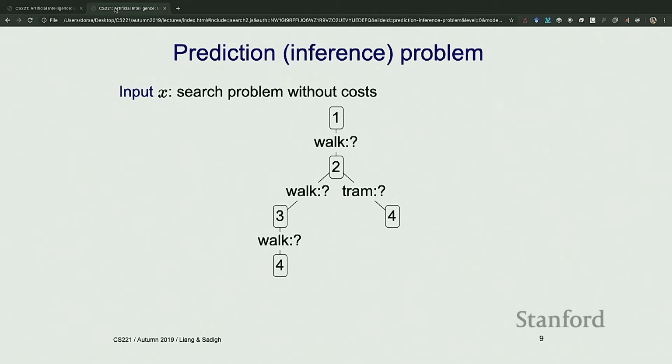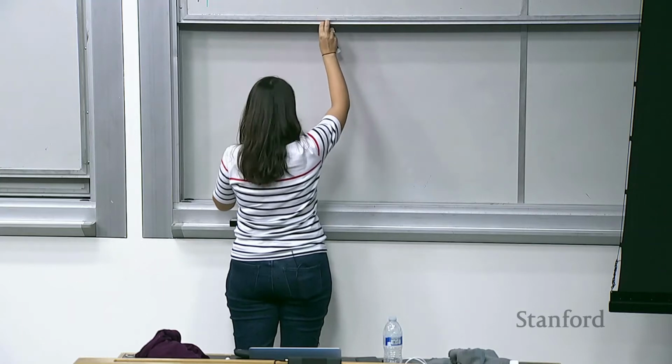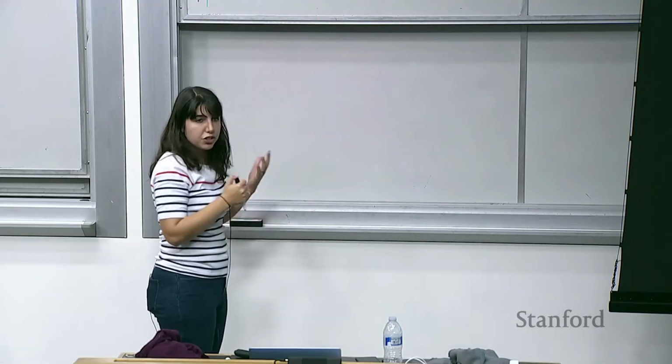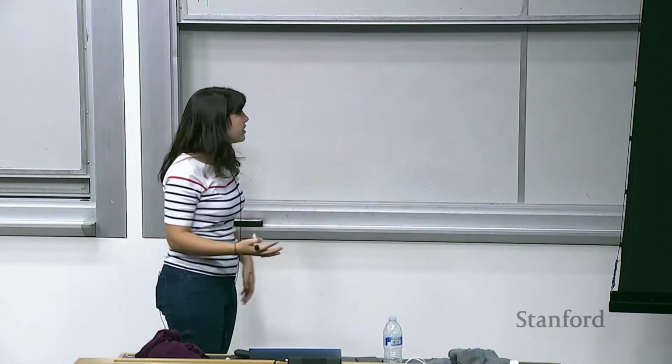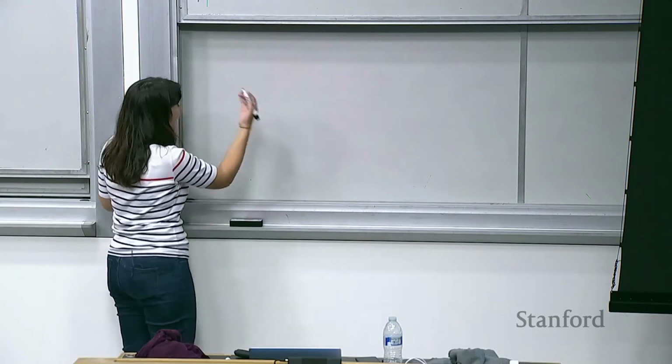So I'm going to go over one example to talk about learning. And I'm actually going to use the notation of the machine learning lectures that we had at the beginning of last week, basically. So let's say that we have, maybe I can draw this. Yeah, I'll just draw this here. So let's say that we have a search problem without costs, and that's our input. So we are framing this problem of learning as a prediction problem.